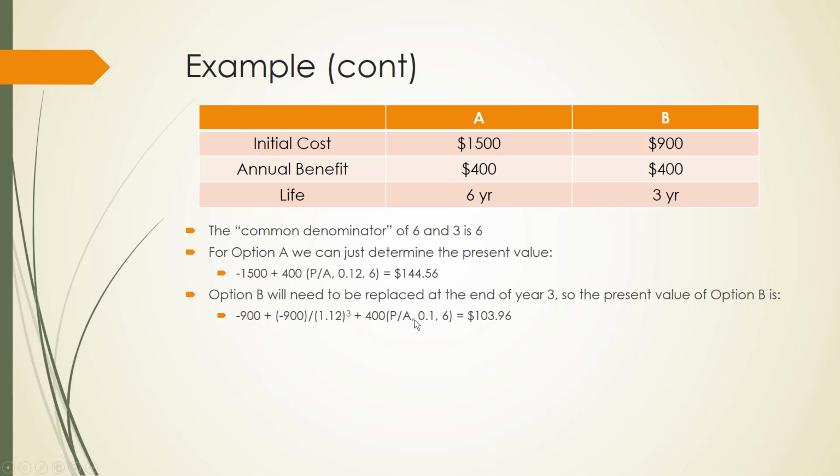Of course, I still have that annuity for my annual benefit. Running these numbers, the net benefit is $104. So which option should we choose? The one with the largest value, obviously. In this case, they're both positive, so therefore our choice is option A.